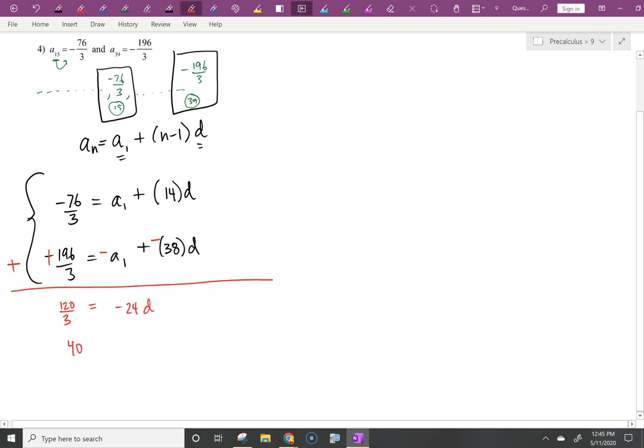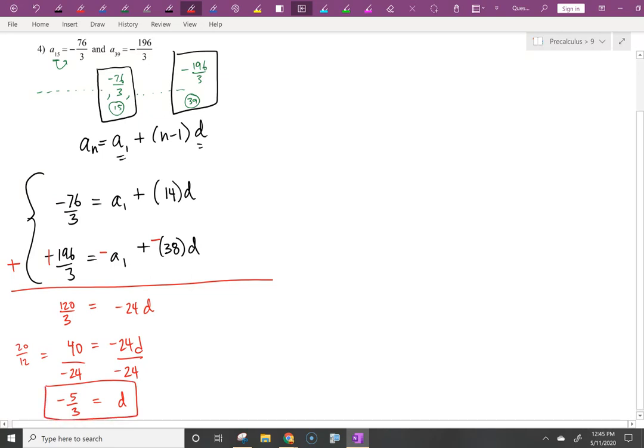So 40 is equal to negative 24D, which means divide both sides by negative 24. And all of a sudden I have D. 20 over 12 reduces, I know it's negative, 10 over 6, 5 over 3. So negative 5 thirds. Looks like they are subtracting 5 thirds every time.